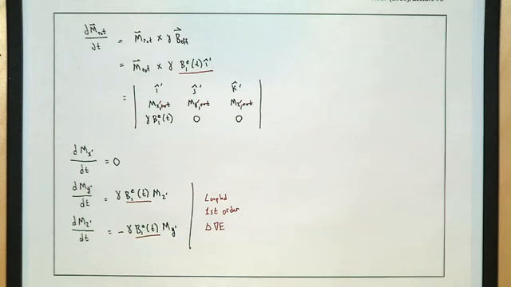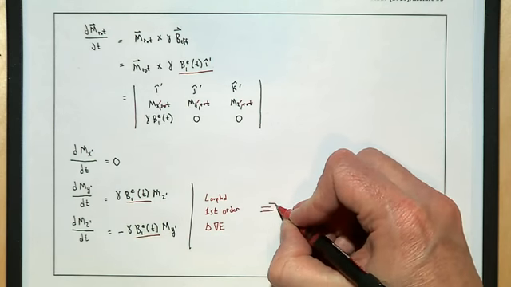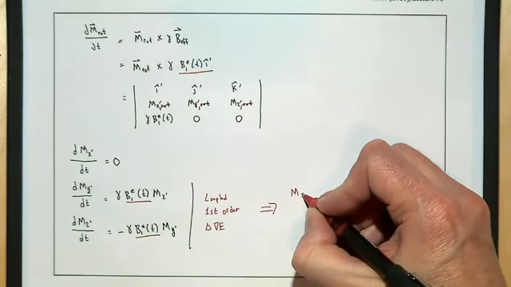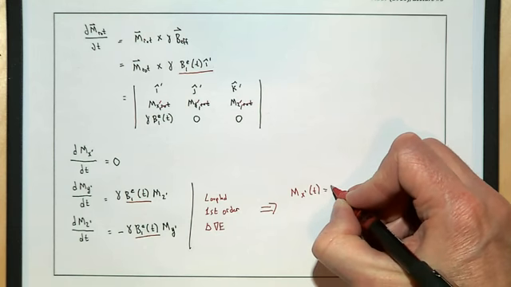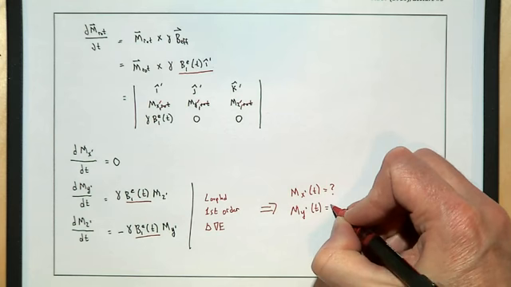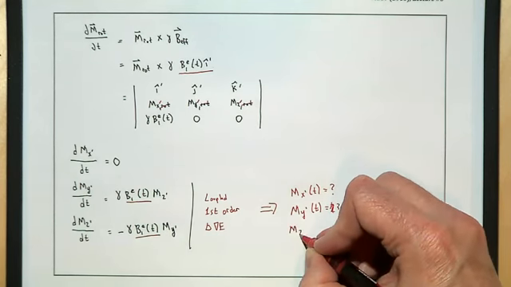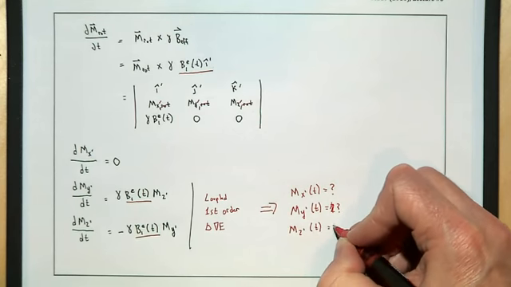But we'll work towards a solution that tells us the whole goal, right? What's going to be the goal at the beginning of the next lecture is what's MX prime as a function of time? What's MY prime as a function of time? And what's MZ prime as a function of time?